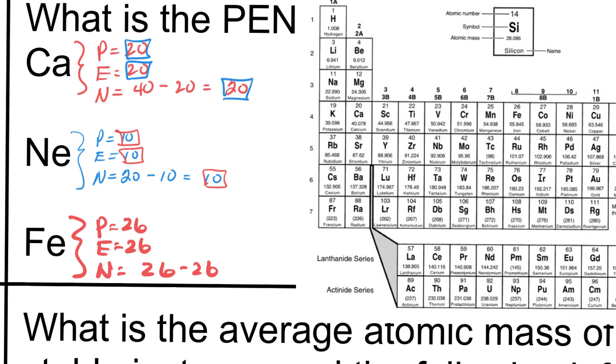That'll give us a total of 30 for this one here. And if I go back and put this in blue, the numbers here are 26 for the protons, 26 for the electrons, and 30 here for the number of neutrons.